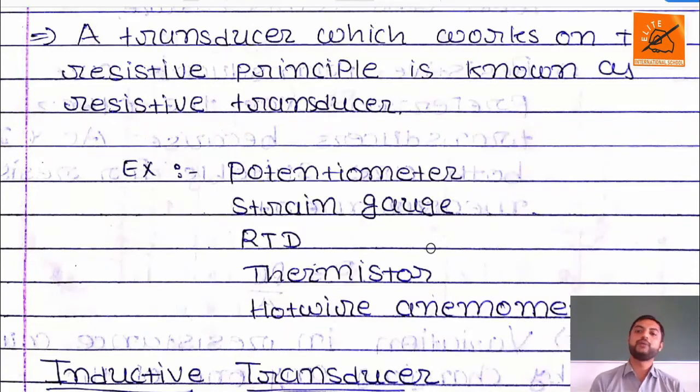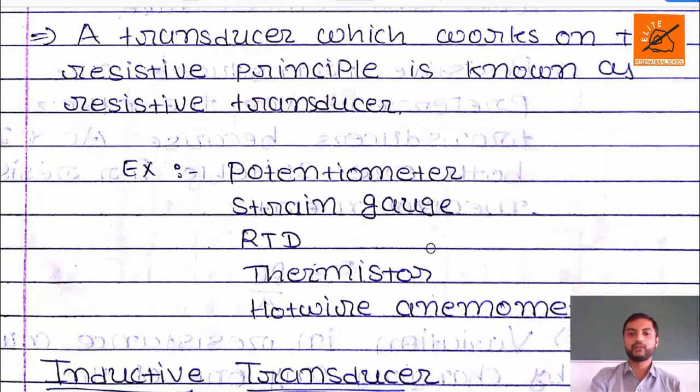The potentiometer works on the resistive principle, division of the resistance, division of the voltage. So wherever you include the resistive part of the circuit, that type of transducers are known as resistive transducers.